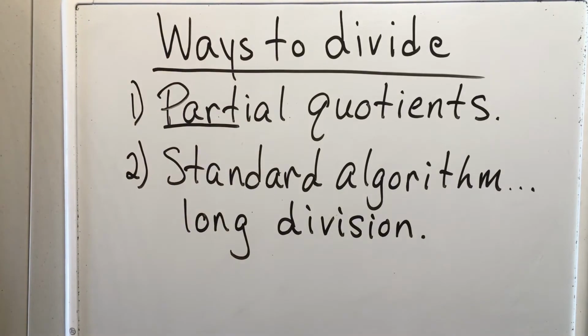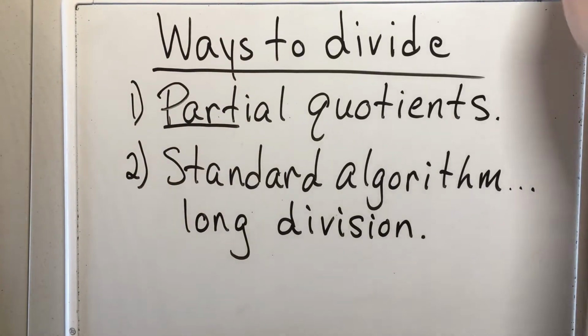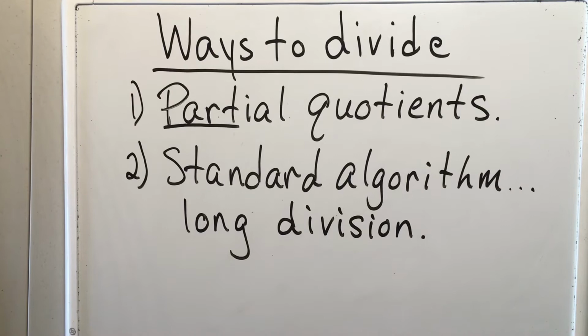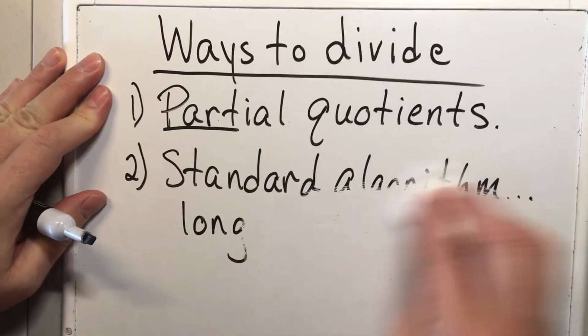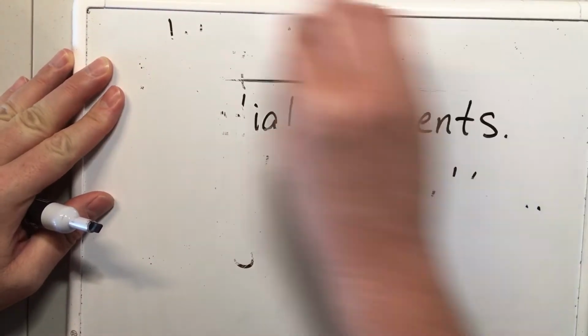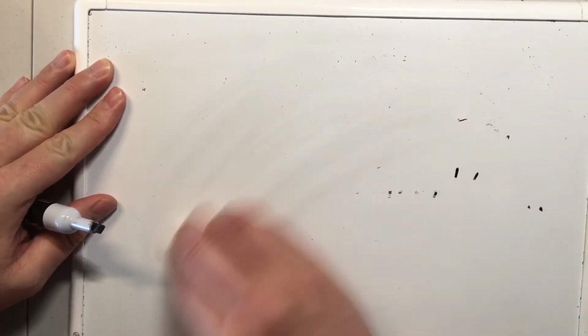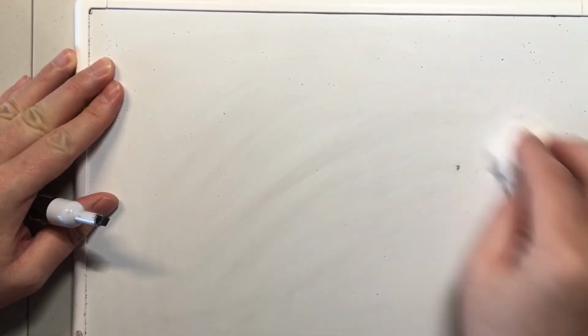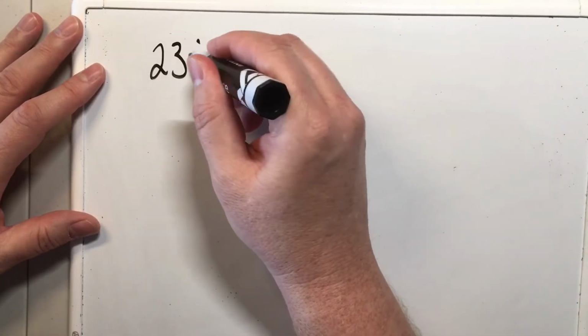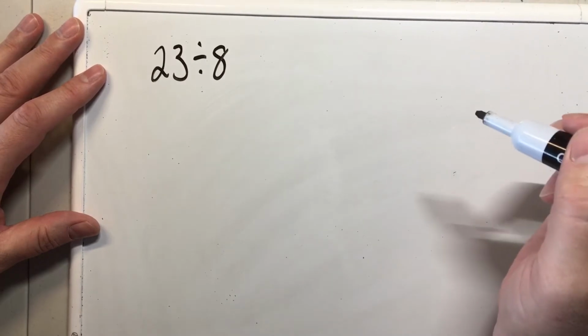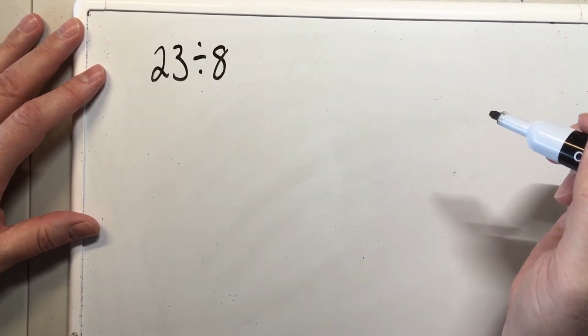Okay, let's get to it and let's take a look at some examples. So the first thing that we need to know are just different ways that division looks. Division can look in so many different ways. It can look like this, 23 divided by 8 equals.